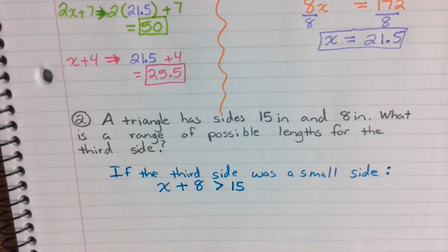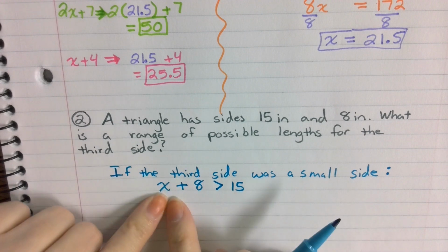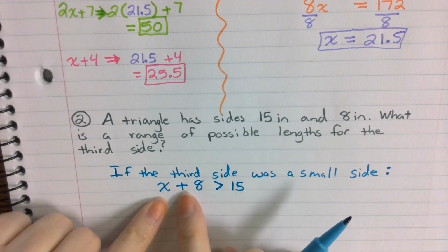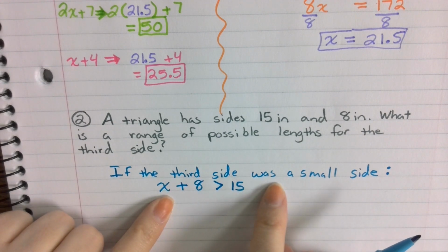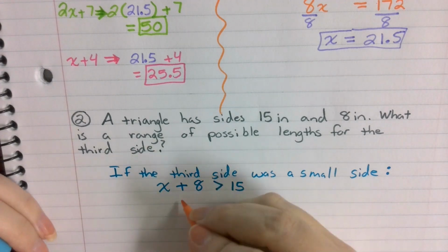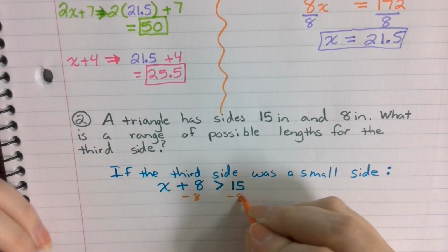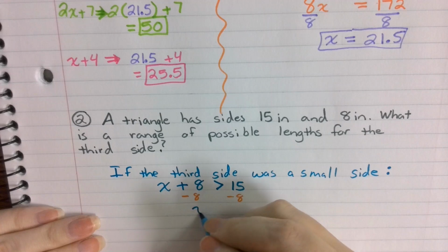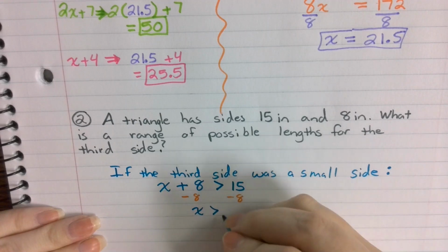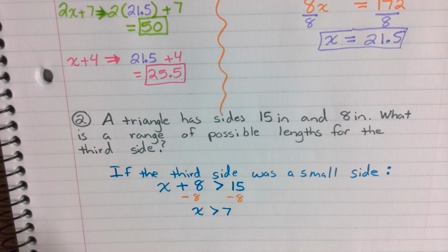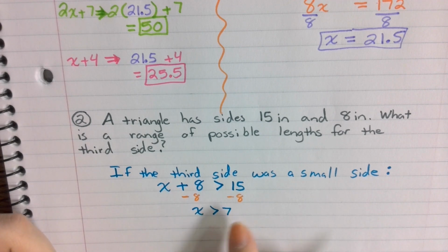So we've got to think about what number can we put here that will make it greater than 15. If you solve this, you would just subtract 8 from both sides and get that that third side has to be greater than 7. Can it be equal to 7? No. It has to be greater than 7.